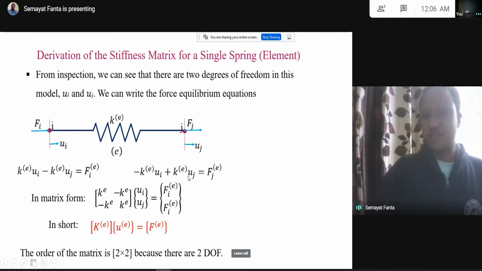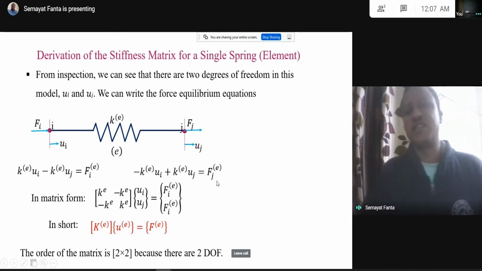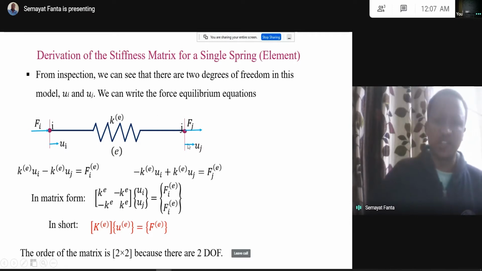So we can use this equation. k times ui minus uj is equal to the force at node i, and k times uj minus ui is equal to the force at node j.